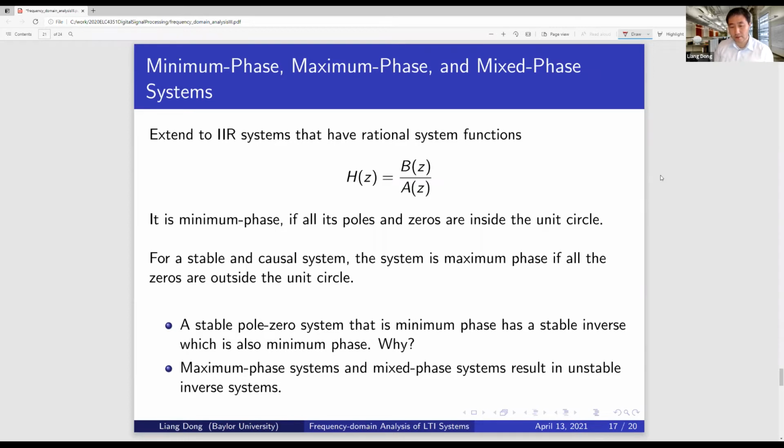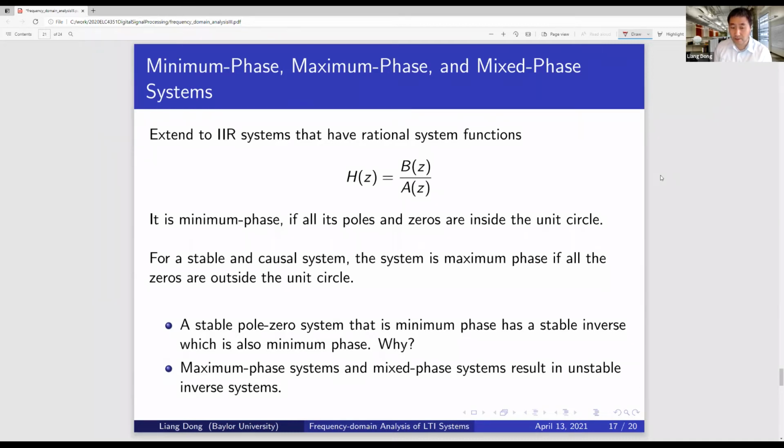So the poles inside the circle for stability, zeros inside the circle for minimum phase, for the least delay, for the least group delay. For a stable and causal system, the system is maximum phase if all the zeros are outside the circle.